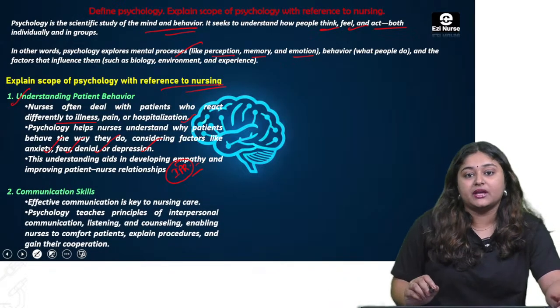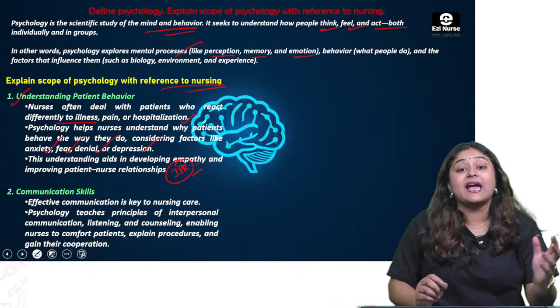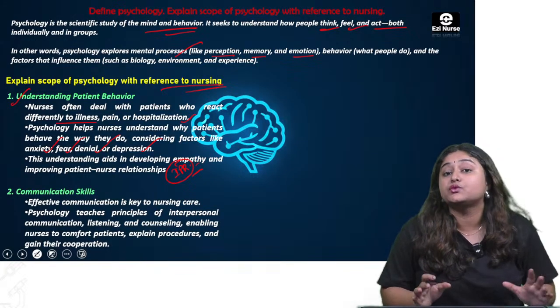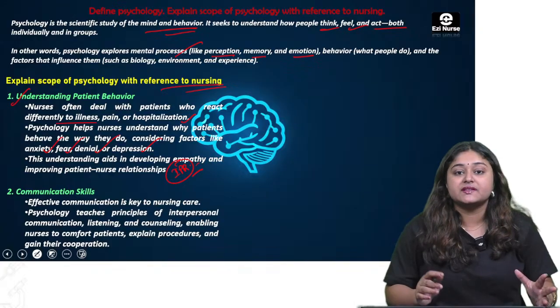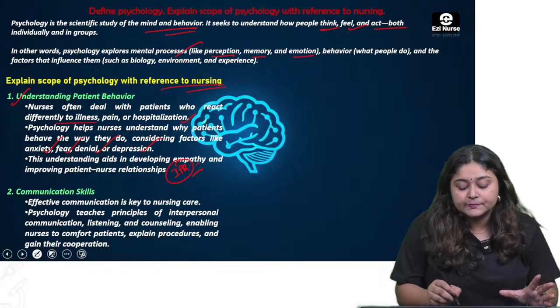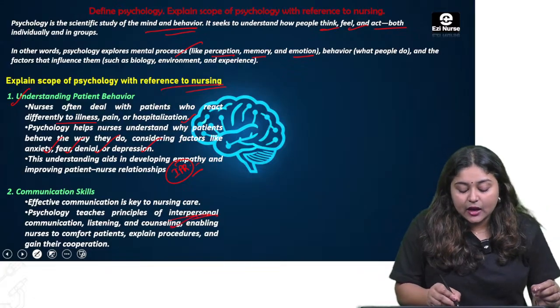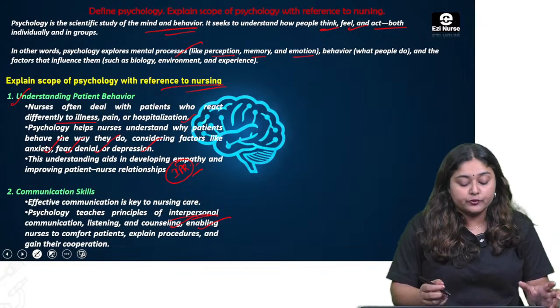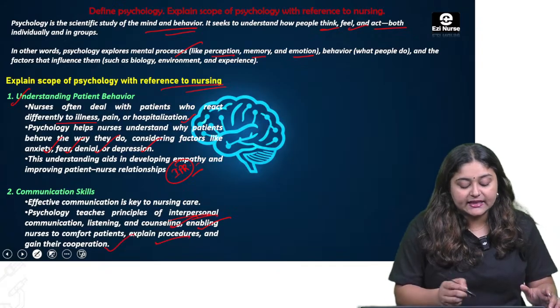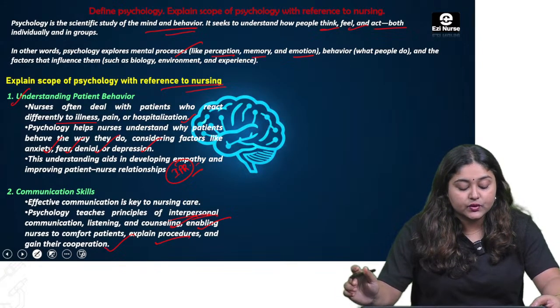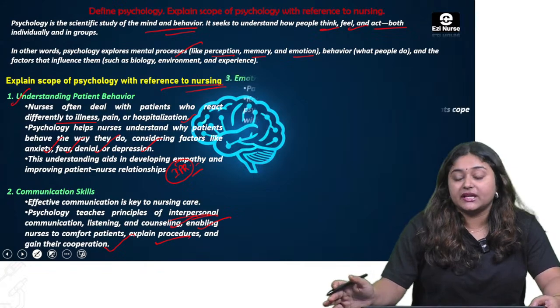Now come to communication skills. Effective communication is the key to nursing care, and psychology teaches interpersonal communication, listening and counseling, enabling nurses to comfort patients, explain procedures and gain their cooperation. So these are all about communication skills.